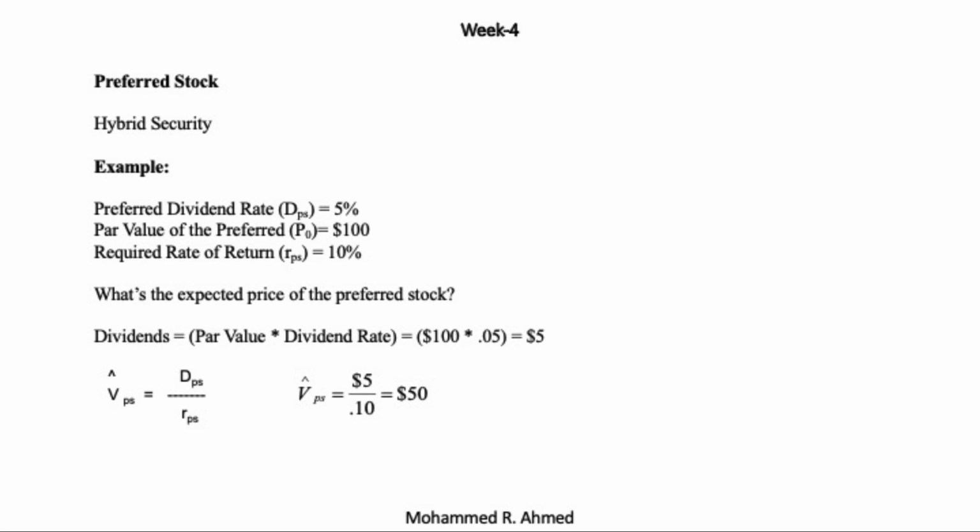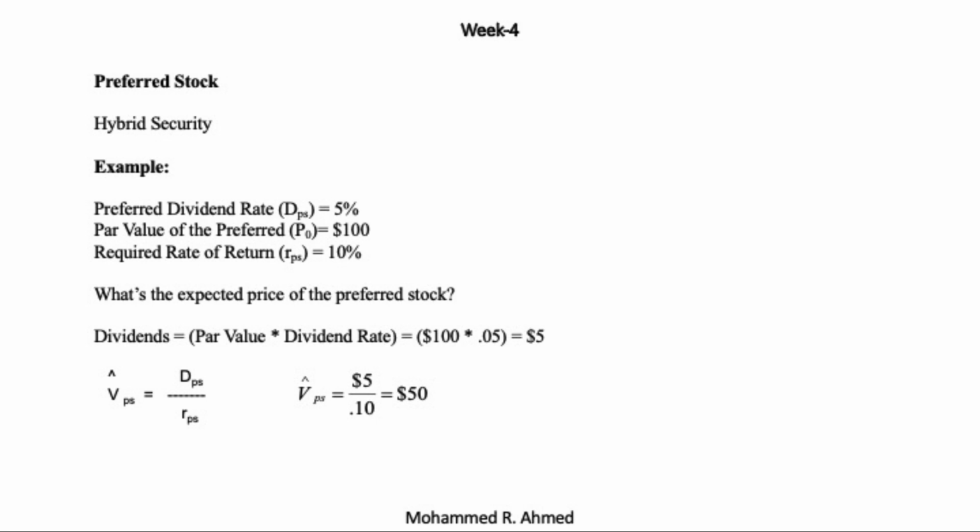If the dividend is 5% and the par value is 100, the dividends are going to be $5. First we compute the dividends by multiplying the par value times the dividend rate, which gives you $5. Next, using the model for preferred stock valuation, dividends divided by the required rate gives you the fair value of the preferred stock.